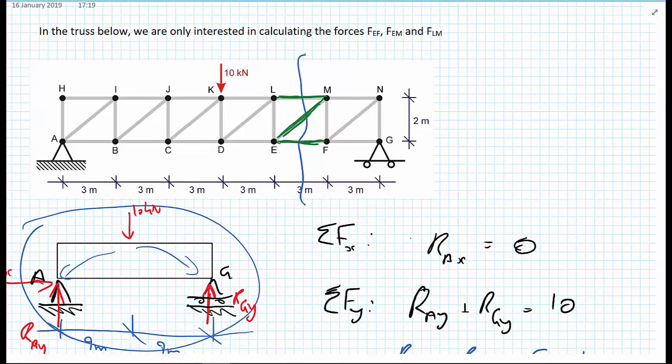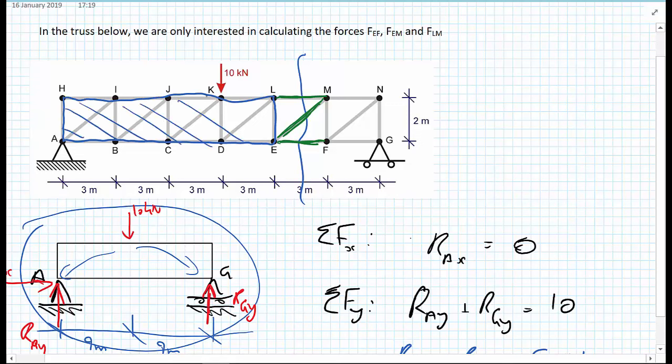Before I do that, it's worth noting that we don't really care about any of the internal forces. Therefore, we can consider this just to be a rigid block when we draw the free body diagram.